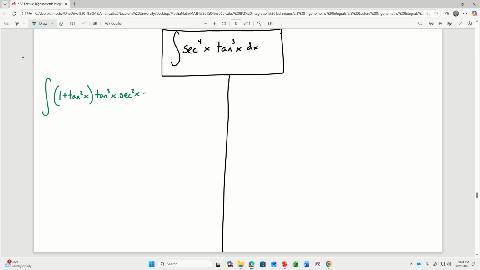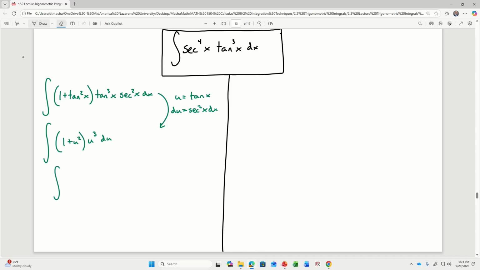And I would still have a secant squared left over, so that way when I do my u substitution, I can choose u equals tangent, du equals secant squared dx, and I will get 1 plus u squared times u to the third du.